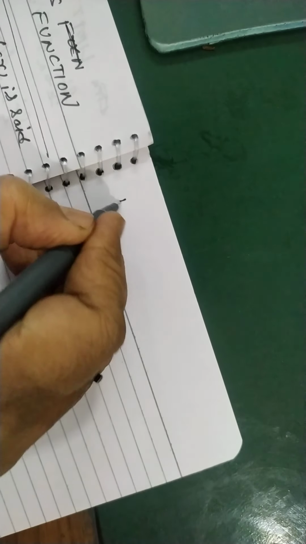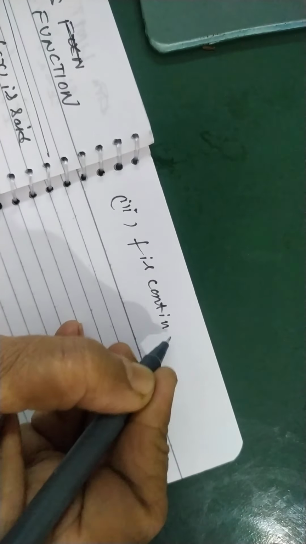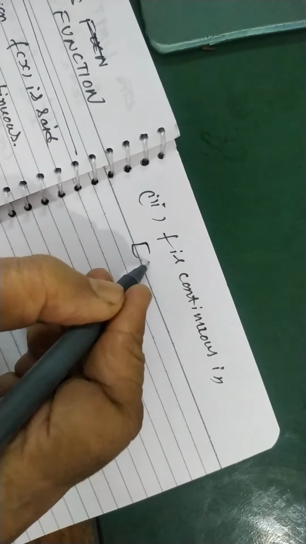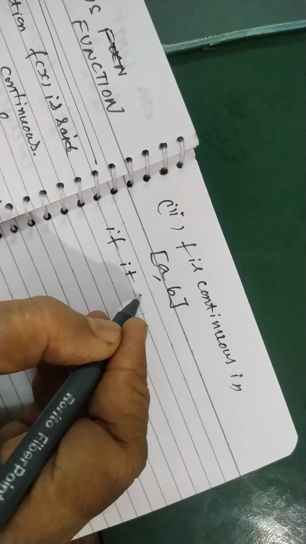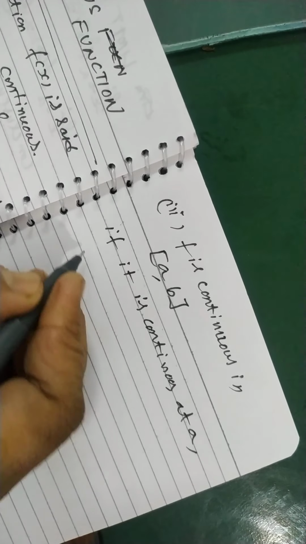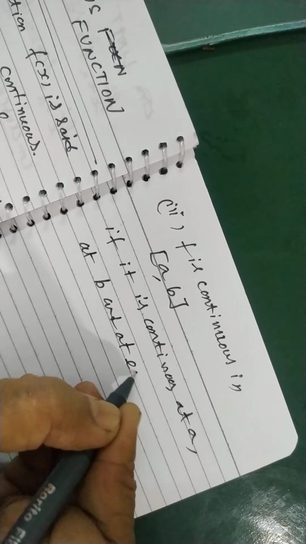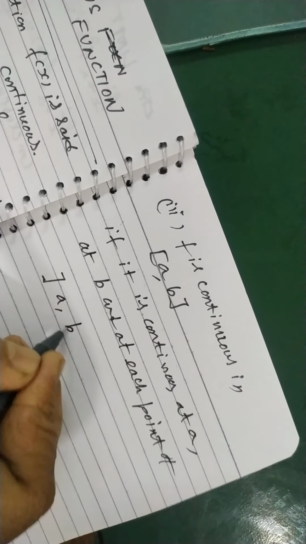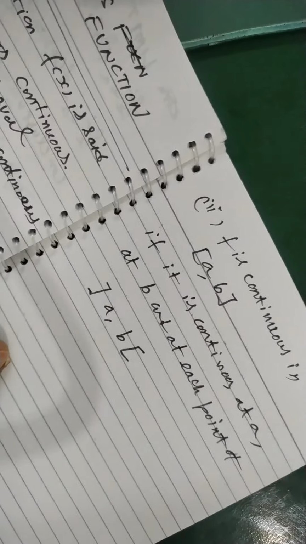Third, f is continuous in the closed interval [a, b] if it is continuous at a, at b, and at each point of (a, b).